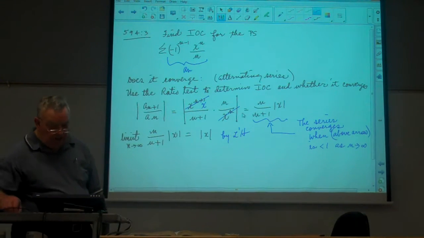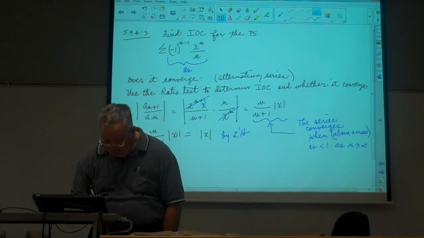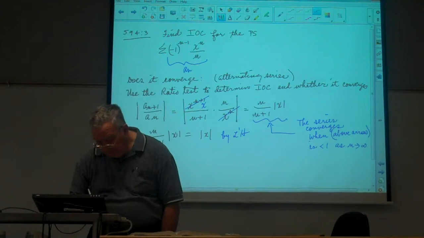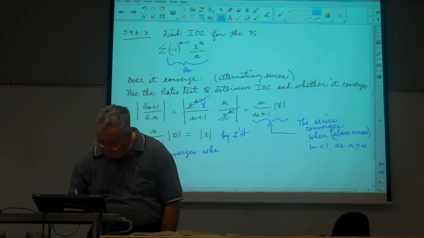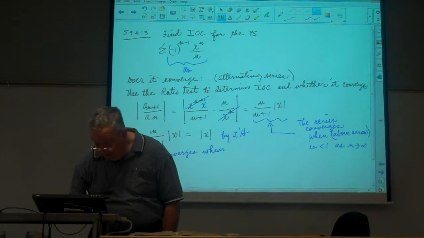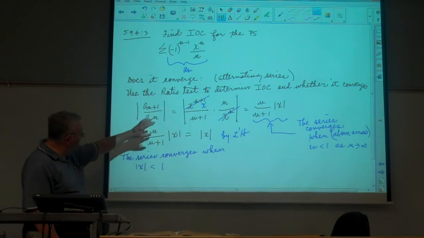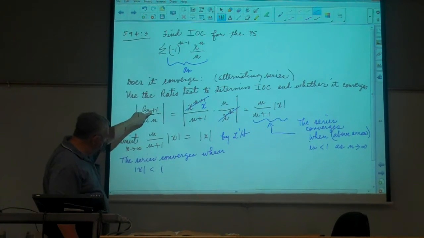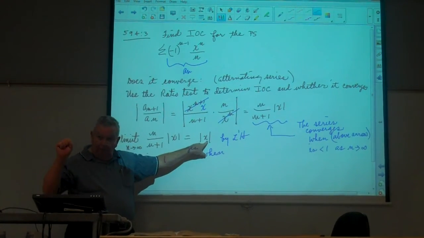But then we know that the series converges when the absolute value of x is less than 1. Isn't that the ratio test? Don't you calculate this, then take the limit of it, and then you get some number, didn't we?